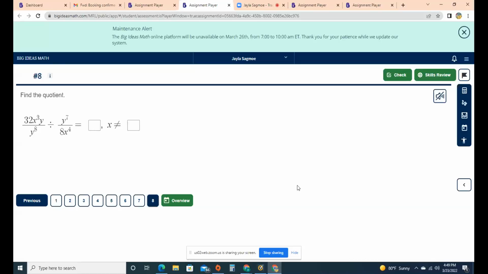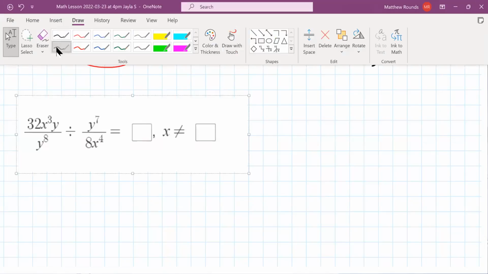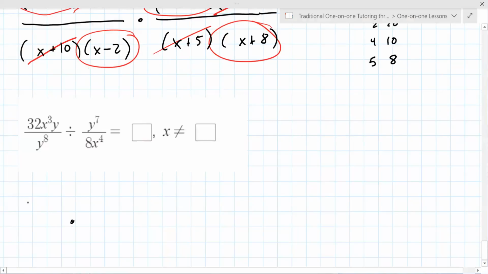Actually, this one is pretty fast, so we will do this and close out the hour. So let me share my screen, and we'll just do this one real quick. Okay, so the important thing here is when you divide, you change the order, you flip it.